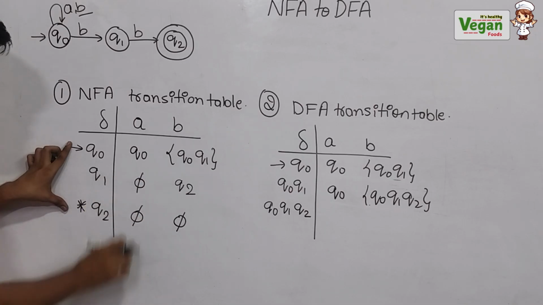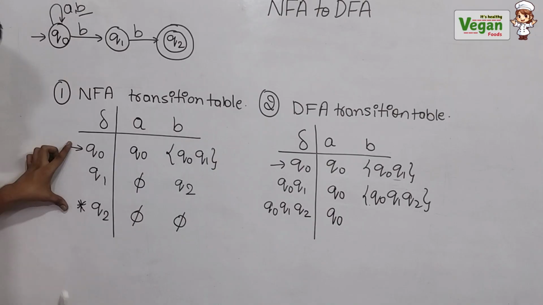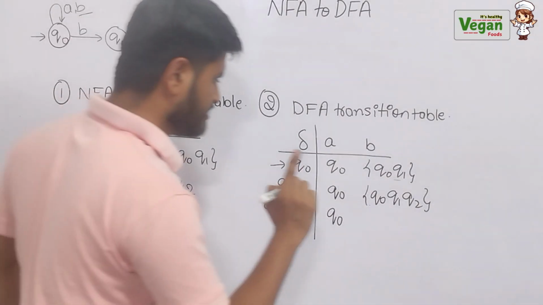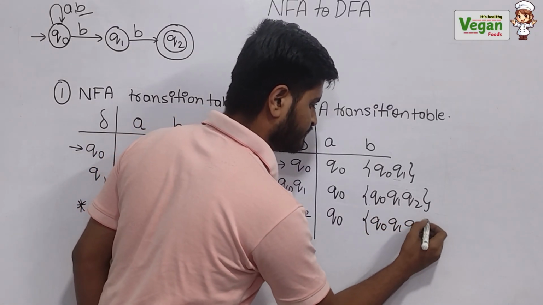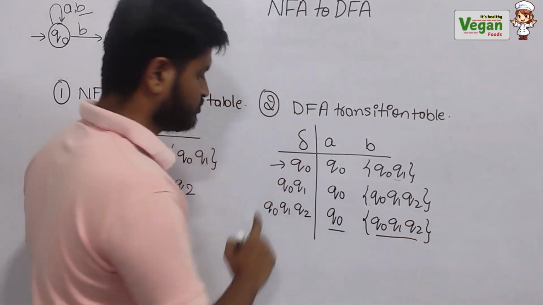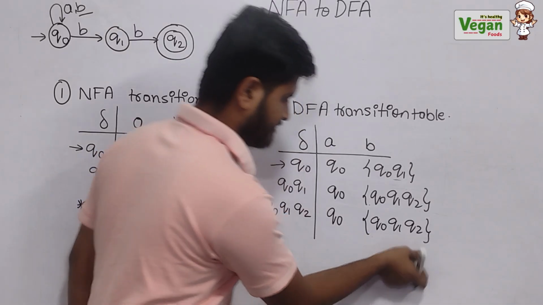Don't need to write the null state, just write Q0 itself. Now for B, they are moving to Q0, Q1, Q2 and phi. No need to write the null state, just write Q0, Q1 and Q2. Q0's transition is written here. Q0, Q1, Q2 transition is written here. So we will stop the second step right here.